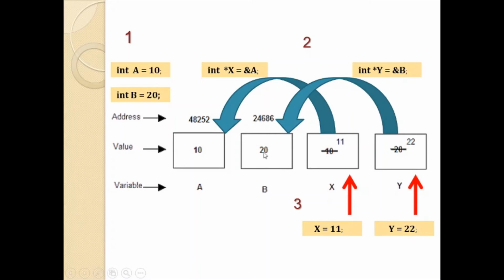Hence, the original value of this A will be erased and 11 is stored in A and this 20 is erased and 22 is stored in B. Here you can see, as these are pointing to the memory location of A and B, whatever changes you make with respect to this X and Y will change the actual values of A and B.